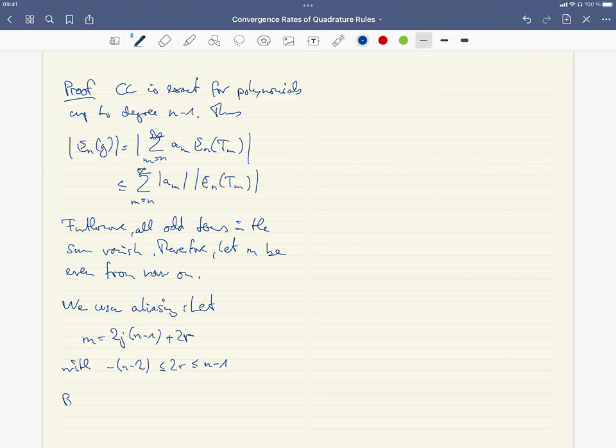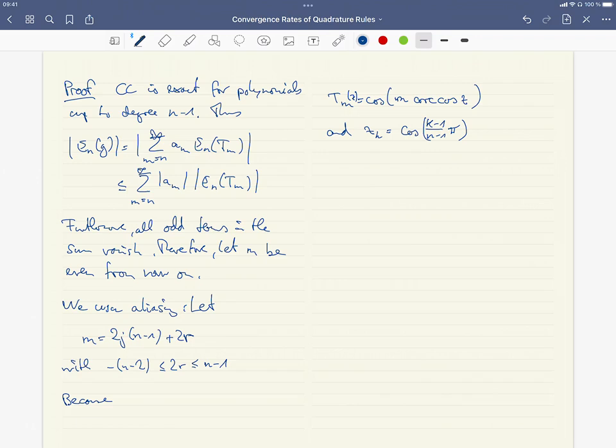And now what does aliasing do precisely? So we have this formula for the Chebyshev polynomials, which is T_m(z) equals cosine of m arc cosine of z, and z_k is cosine of (k minus 1)/(n minus 1) pi.